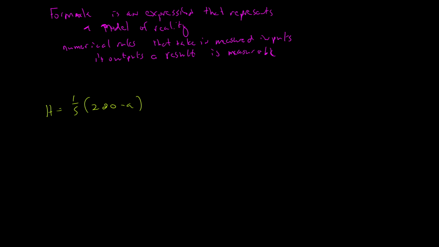So you have a measurable value, the age of a person, and then you have a predictor there, which I think is peak heart rate.